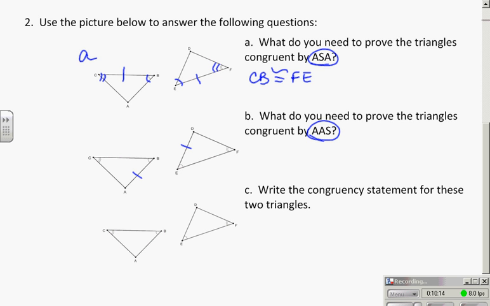Now, angle angle side has two options. The non-included side, I could do this side and this side. I could do that AB is congruent to DE, or I could do that CA is congruent to FD.